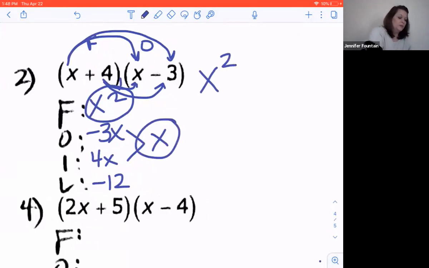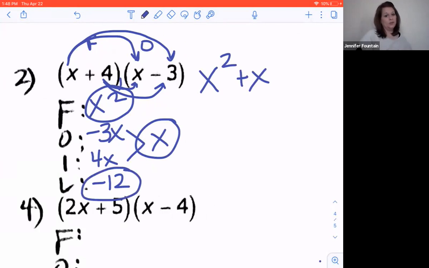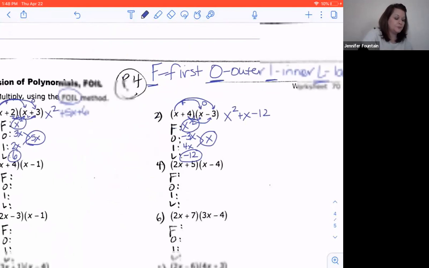I have combined my middle terms. It is positive, so I will have plus x. Notice my last term is negative now, so I'm going to have minus 12. If my number or my variable is positive, there's a plus sign in front of it. If it is negative, I put a minus sign in front of it.